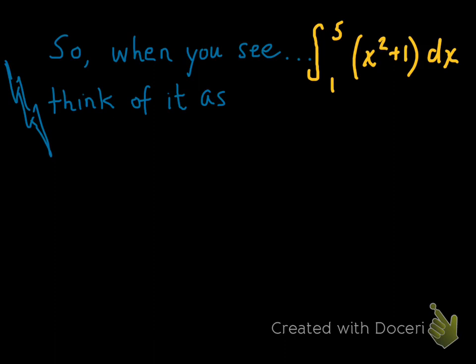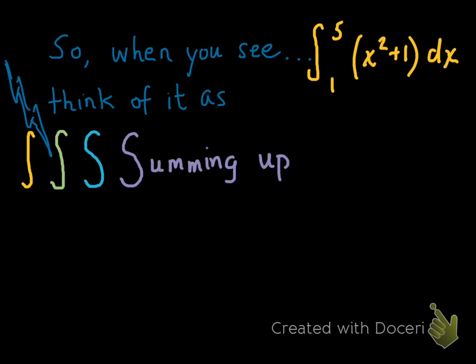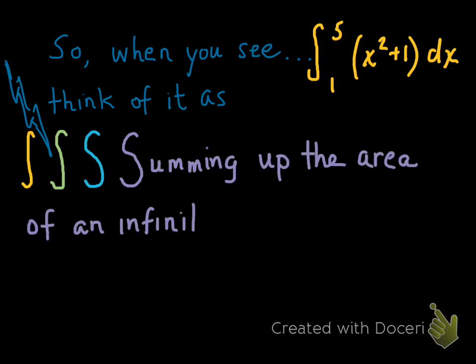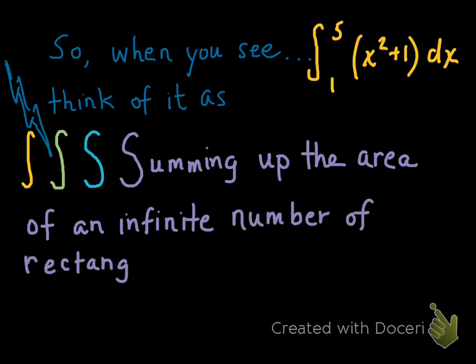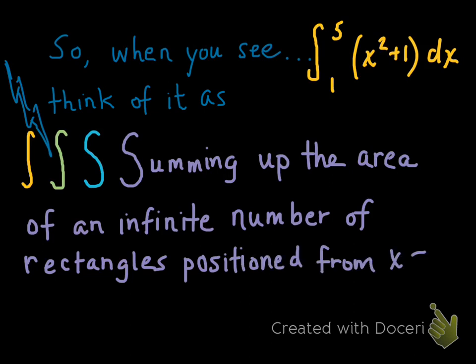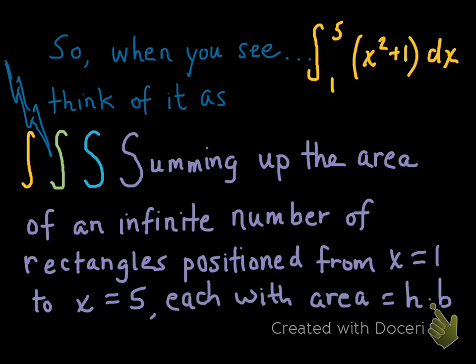That symbol looks like the letter S. Think of it as summing up the area of an infinite number of rectangles, positioned from, in this case, x equals 1 to x equals 5, each with area height times base. Height times base, which you now equate to f of x dx.